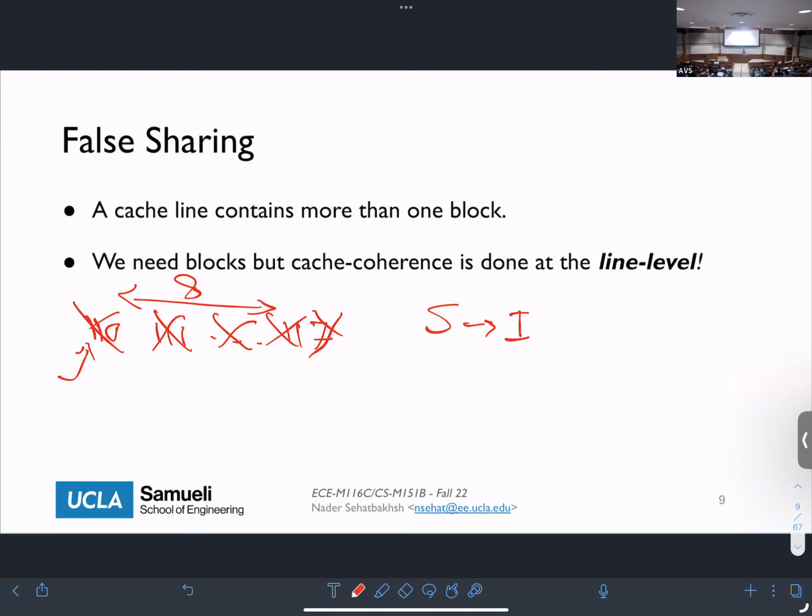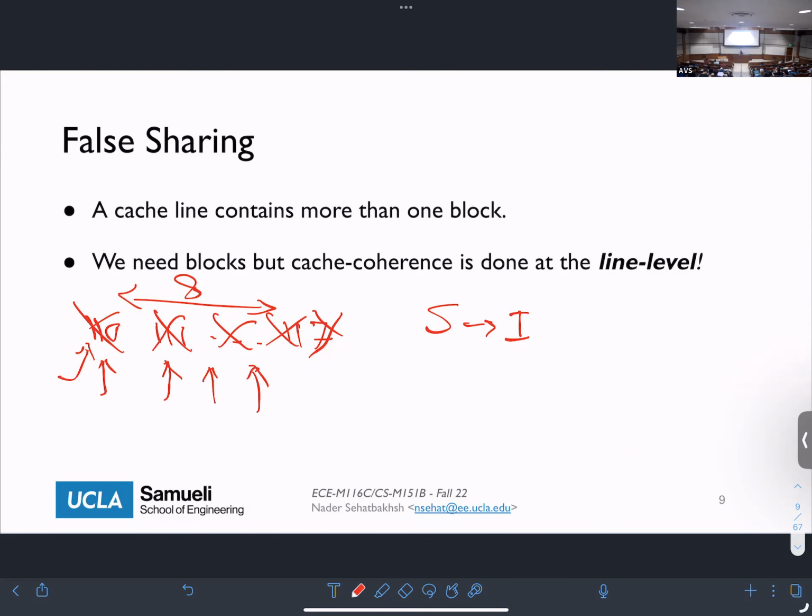So for example, if it's an L1 or L2, and we see that this has to transition from S to I, we have to evict that from your cache. And when you evict that, you not only evict that specific block, but you evict everything within that cache line. So for example, let's say 111 is the actual shared block among the cores, but when you're actually evicting it, you're going to evict everything in that line altogether, okay?